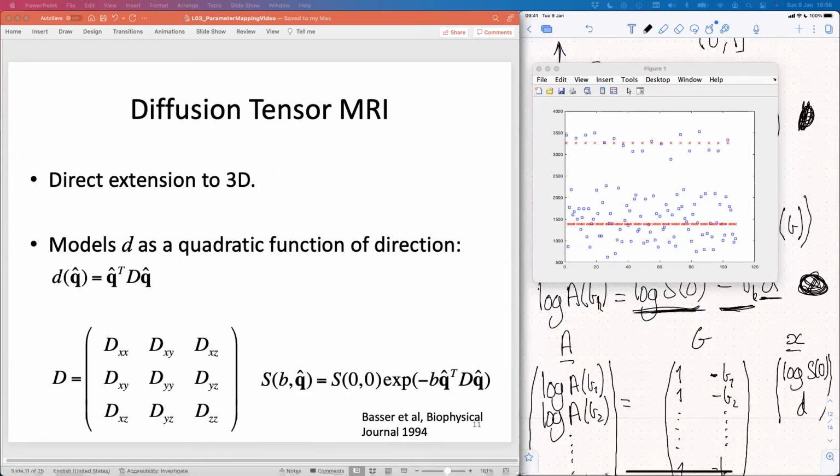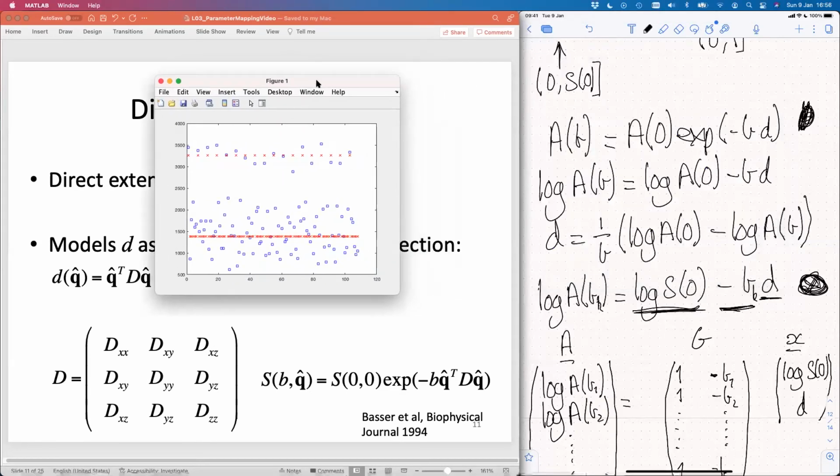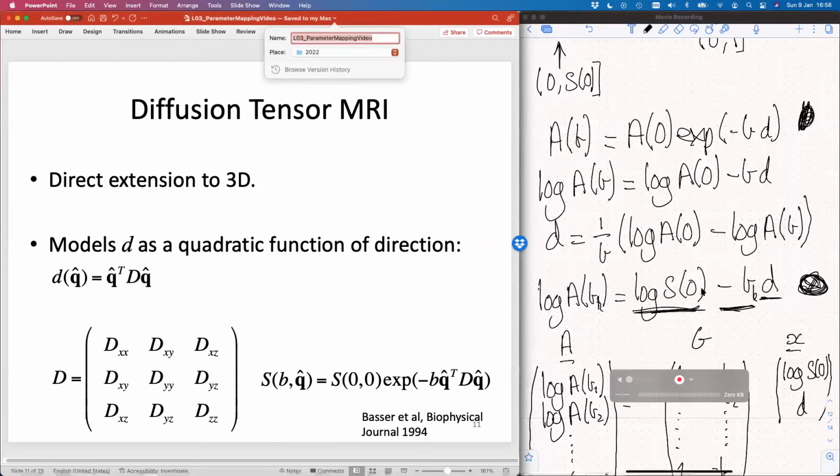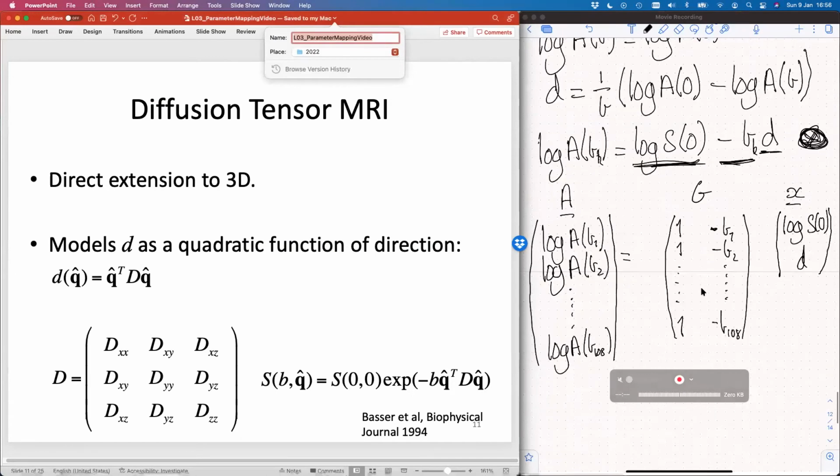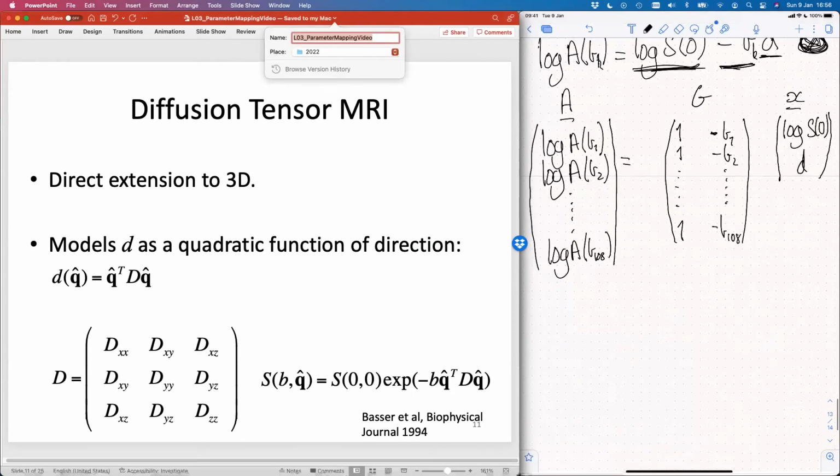So that observation leads us naturally into the next model that I want to discuss, which is the idea of diffusion tensor MRI. Let me just move this figure out of the way. Scroll down and give us some space here.